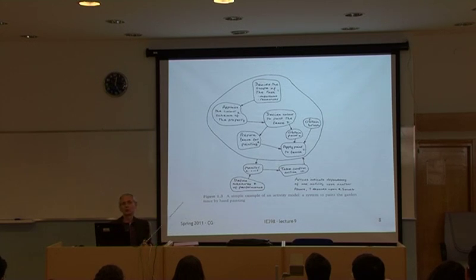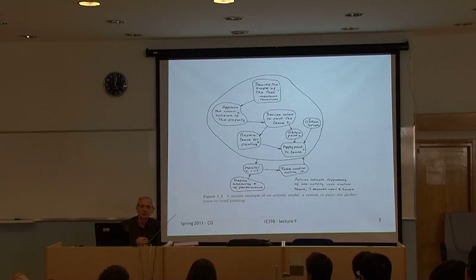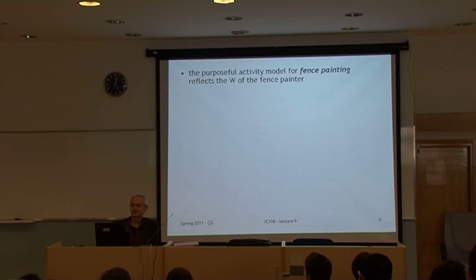These measures of performance could be, for example, it should look nice. Your neighbors should be happy with it. Your wife will be happy about your choice, etc. If your wife doesn't like it, you take control action and you repaint your fence, etc. So this is a first example of an activity model.